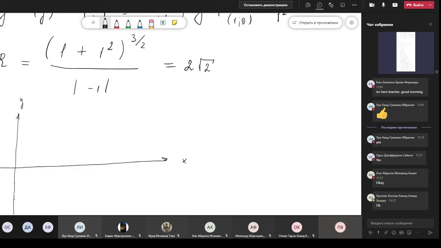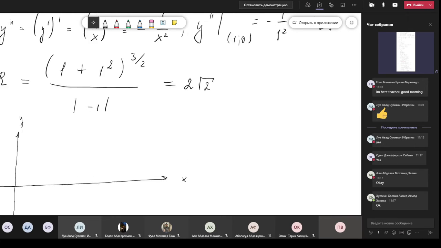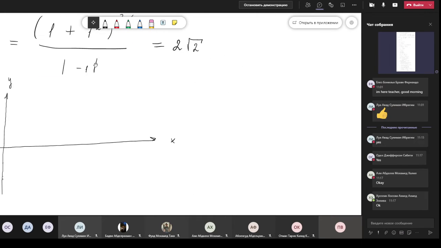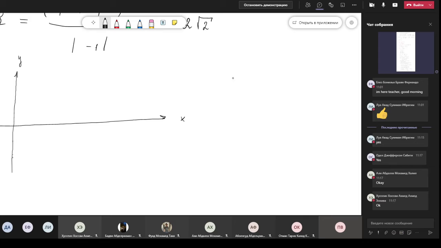Y is natural logarithm of x. If x is, for example, 1 over e, where e is the base of the natural logarithm, the natural logarithm of 1 over e is minus 1.